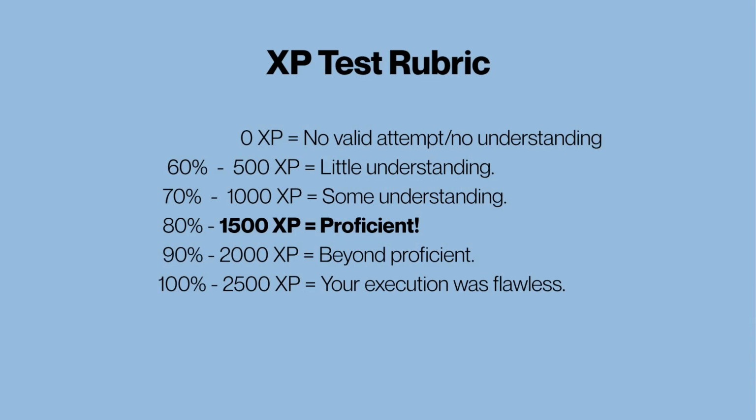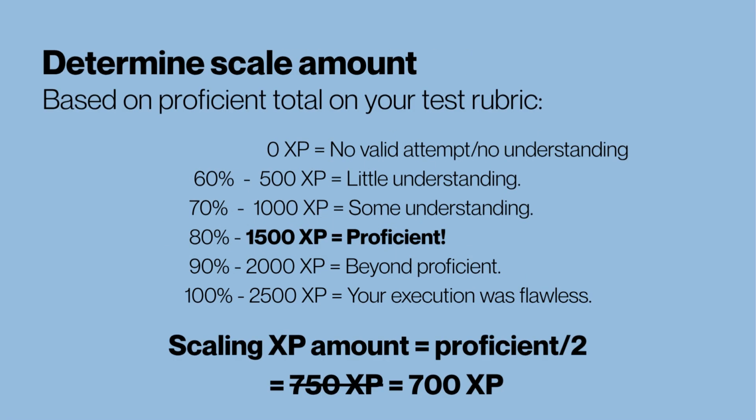For scaling, we just need that proficient value amount. Okay, here mine is 1,500. The amount that you're going to add and subtract is just your proficient test value divided by 2. Proficient divided by 2 will be true as long as you keep this scaled structure the same: your percents and XP amounts in set increments with 2 above proficient and 2 below.